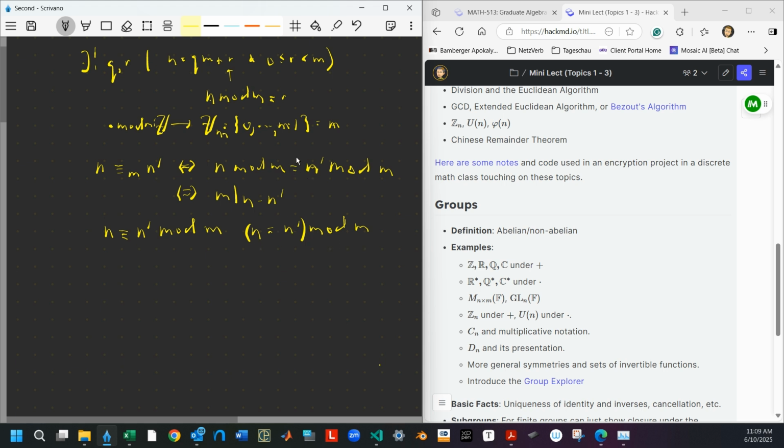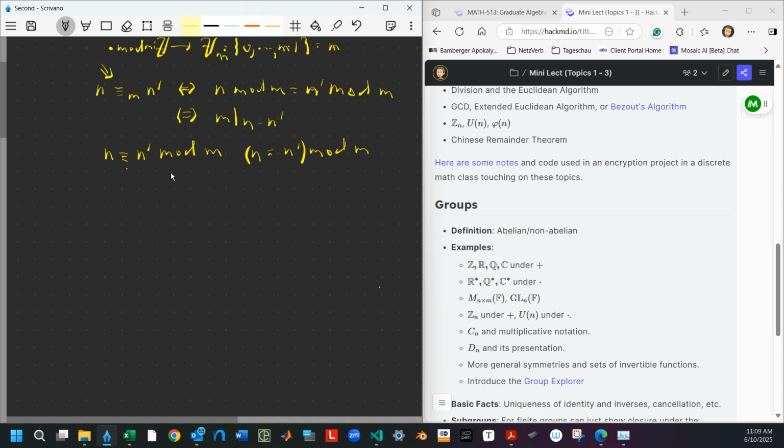It's bad notation on my part, to be honest. This would be better. I should probably go back and change the notes and solutions, but that's a lot of work. Anyway, just to make things easy, I'll use this one in this little talk. This is a relation, and it is an equivalence relation.